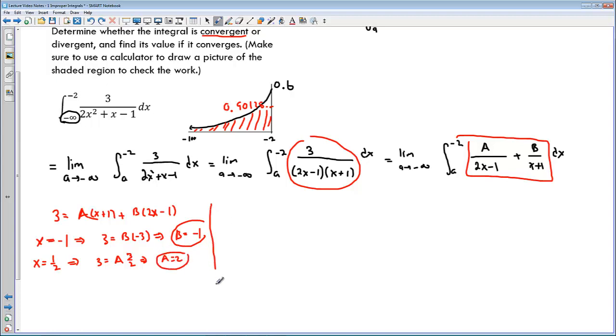And so now what I can do is I can come back here and plug in what I found, and then I can evaluate that integral and then evaluate the limit. So this is the limit as a goes to -infinity.